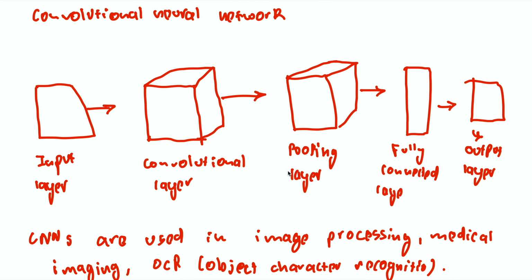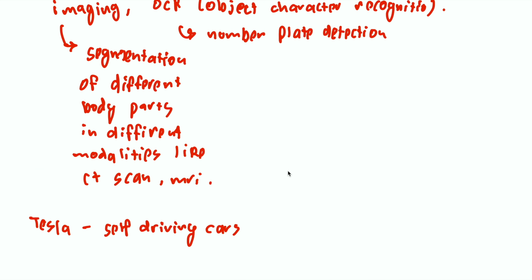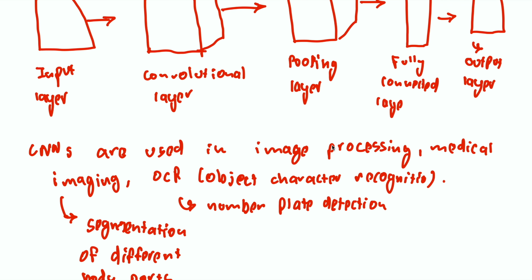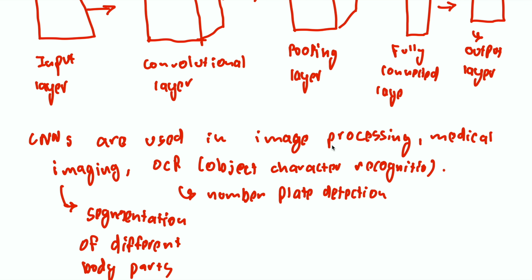We have also looked at convolution neural networks, where we have seen the input layer. There are many layers in convolution neural networks. We have seen the input layer, convolutional layer, pooling layer, fully connected layer, and output layer. We will be studying these different types of layers. What does the convolution layer do? What does the pooling layer do? What does the fully connected layer do?